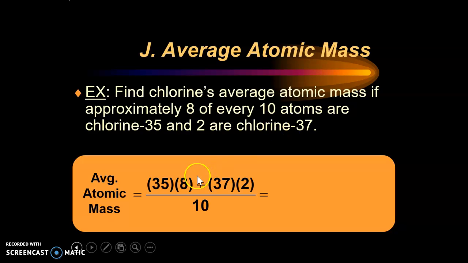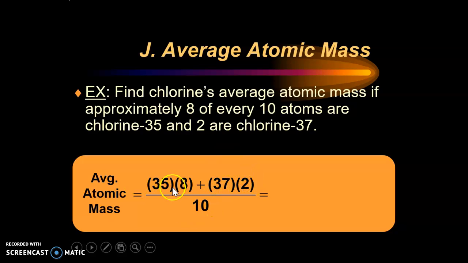So when we put that together, simplifying it instead of making these percentages, we've got 35, which is the mass number of chlorine-35. There's 8 out of every 10 of them. Chlorine-37 has only 2 out of 10, so this is where I get this 2 from.